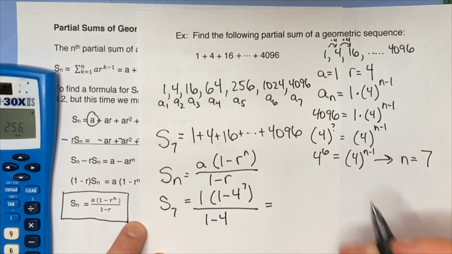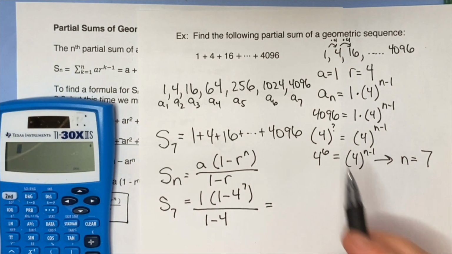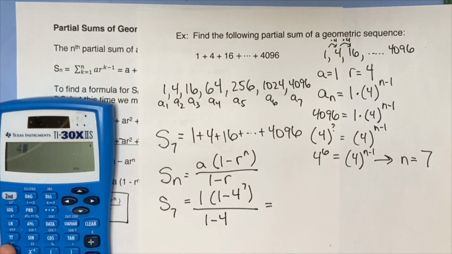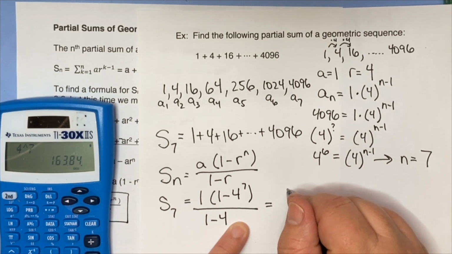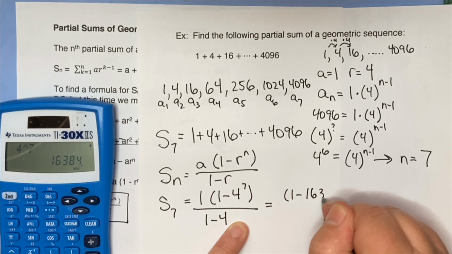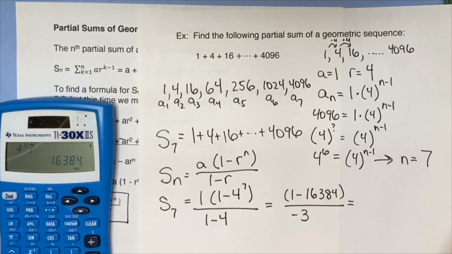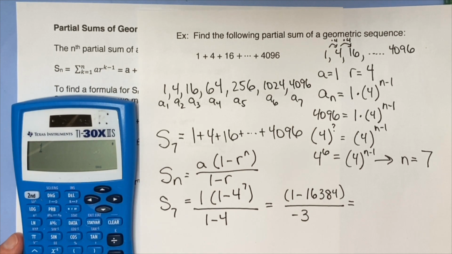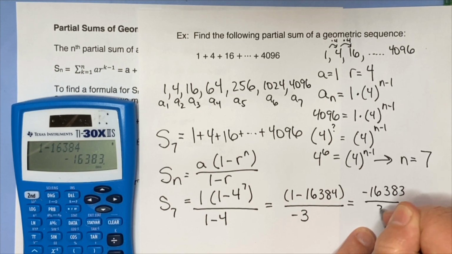So then I've got, let's see, 4 to the 7th. 4 to the 7th is 16,384. So I've got 1 minus 16,384 all over negative 3. 1 minus 16,384 is negative 16,383, all over negative 3.